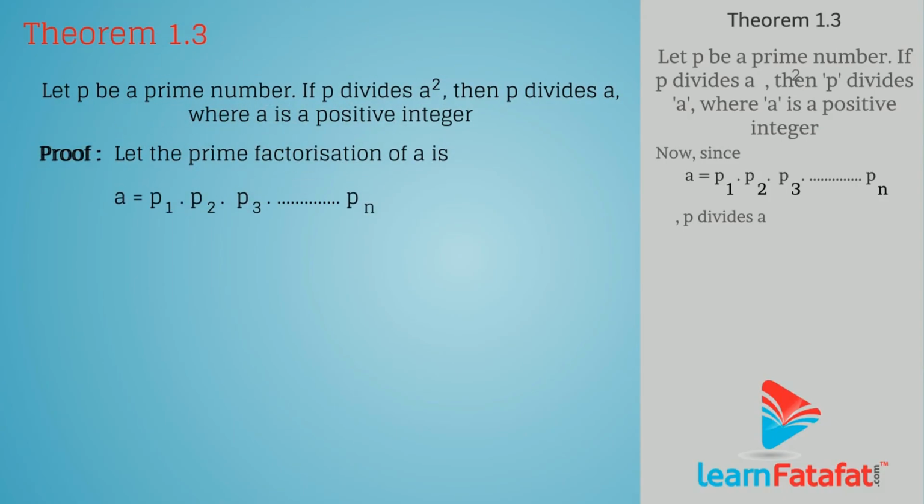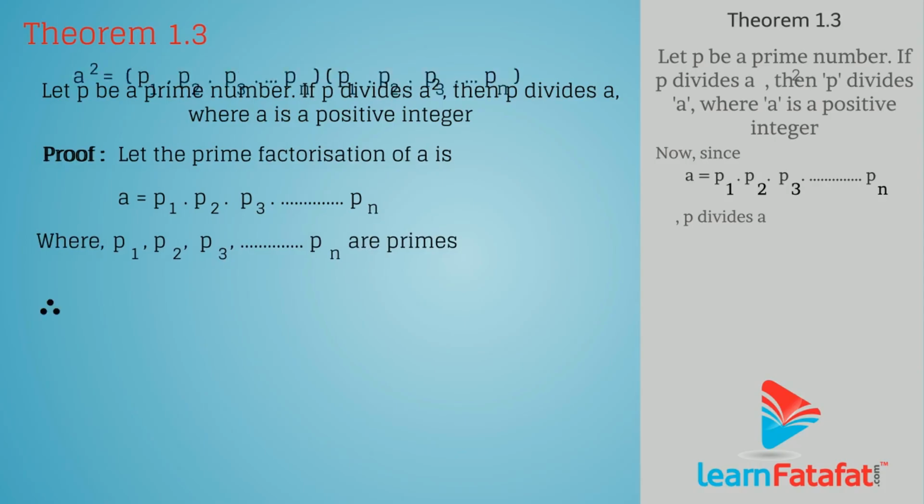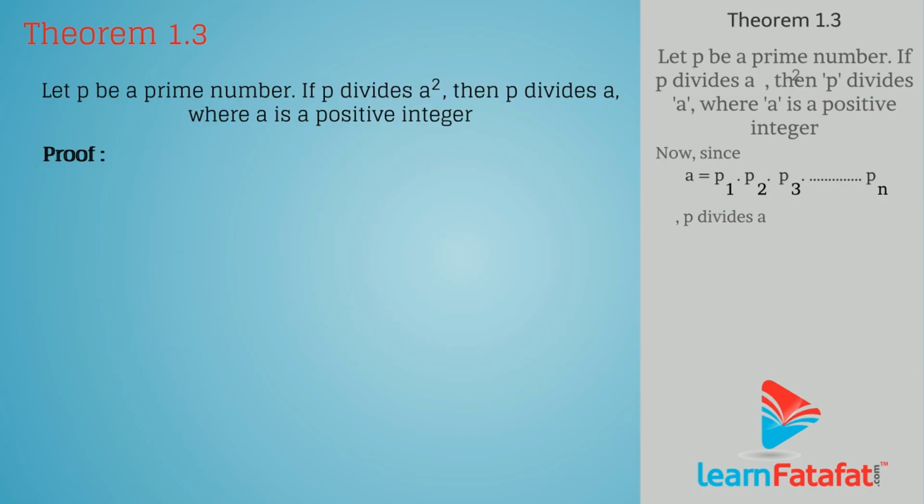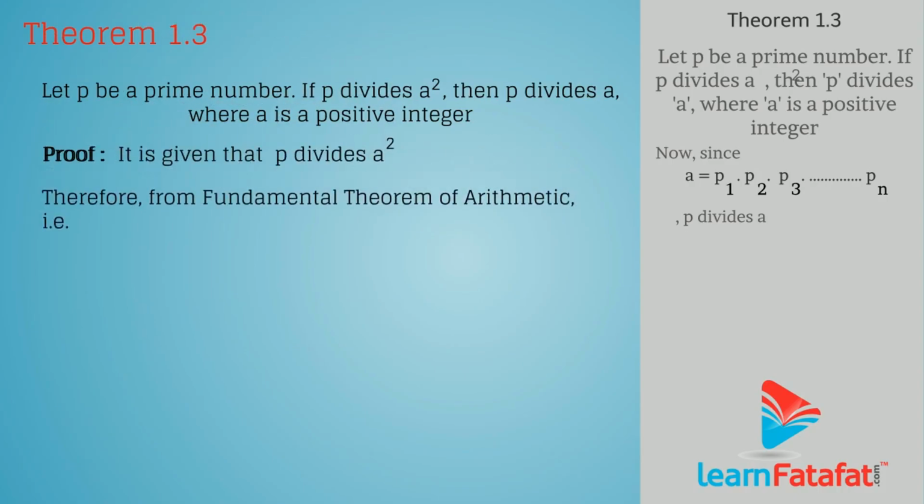Let the prime factorization of a be p1 × p2 × p3 ... pn, where p1, p2, p3 ... pn are primes. Therefore, a² is equal to p1² × p2² × p3² ... pn². It is given that p divides a².